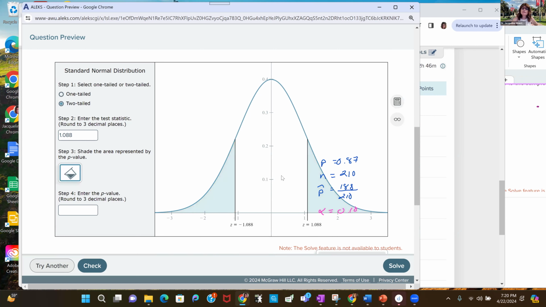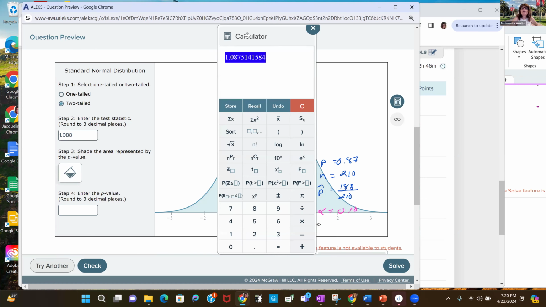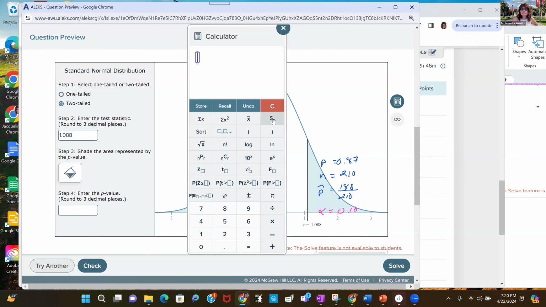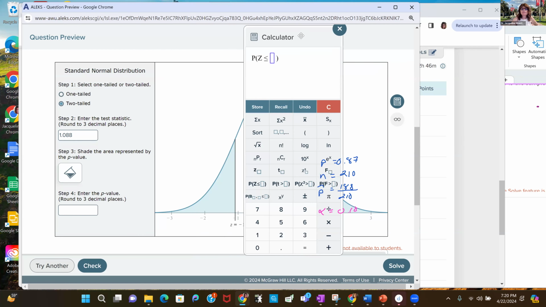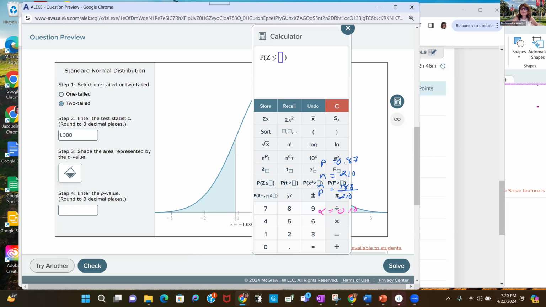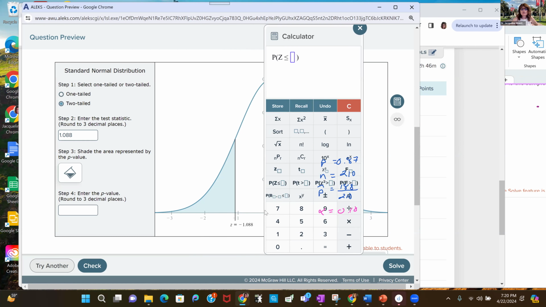Okay. So we have half of the area in each tail. This gives us the amount in the left tail because it's to the left of. So I'm going to put the negative z number in here.